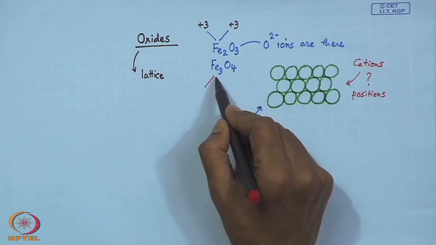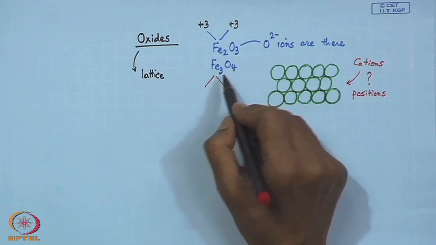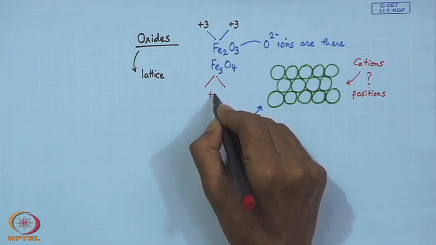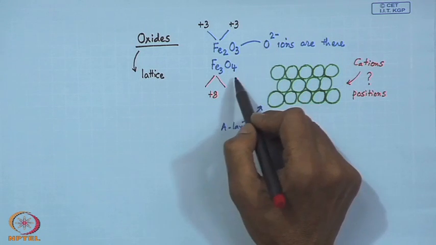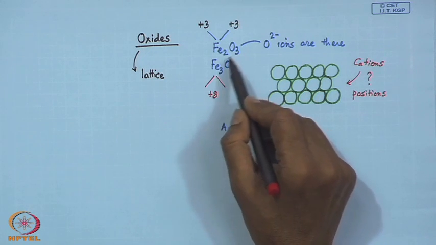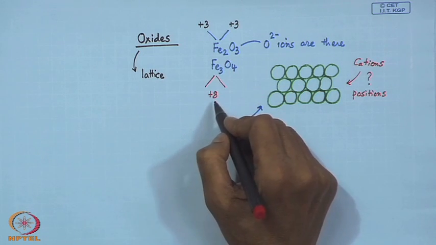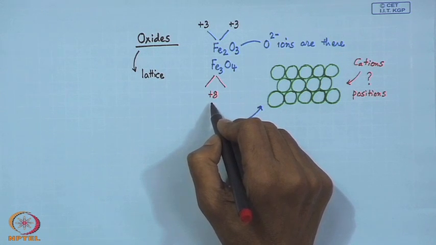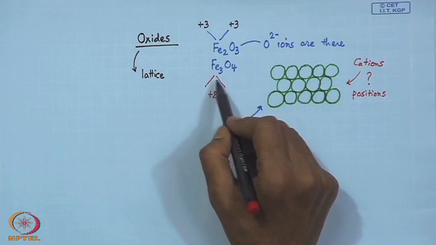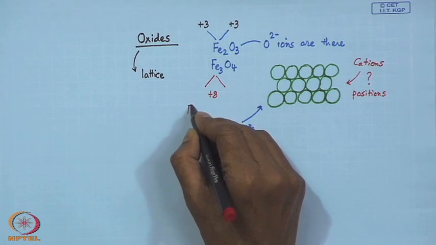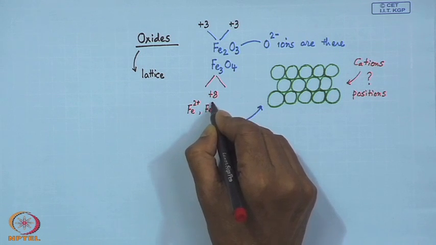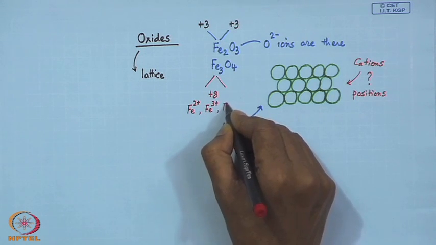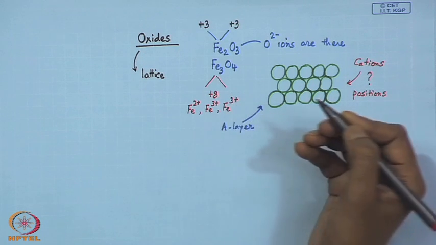and interestingly, when we can have these cations, such as in this particular case, we have a total positive charge equal to plus 8. Since we have 4 such species of O2 minus, that means 4 into minus 2 is equal to 8 negative charges. So, 8 negative charges should be balanced by 8 positive charges from the 3 iron centers. So, obviously, we will have one Fe2 plus center and 2 other Fe3 plus centers.